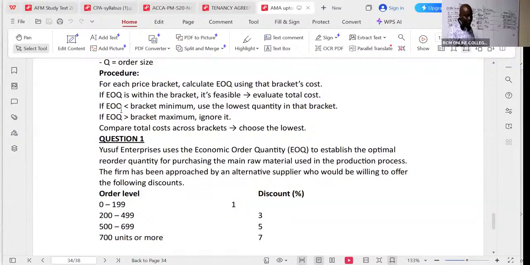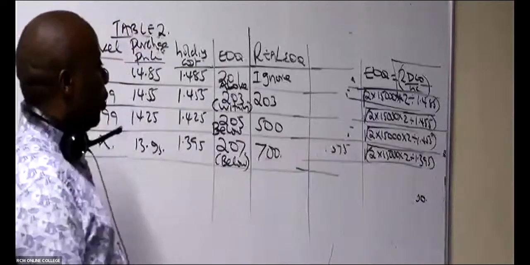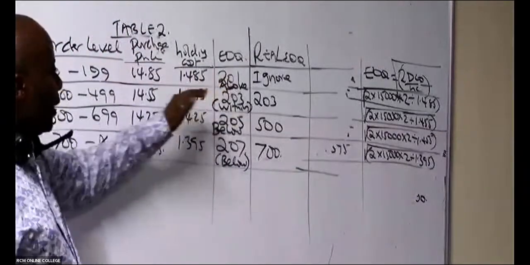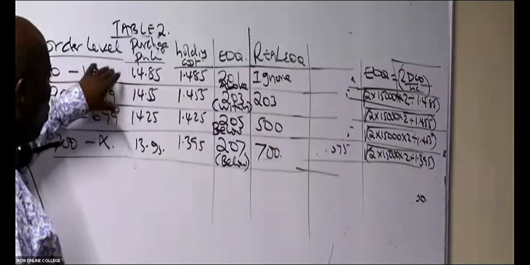If EOQ is less than the bracket minimum, use the lowest quantity in that bracket. If EOQ is more than the bracket maximum, ignore it. And that is what we have actually done here. The 201 we computed is above, more than this class.